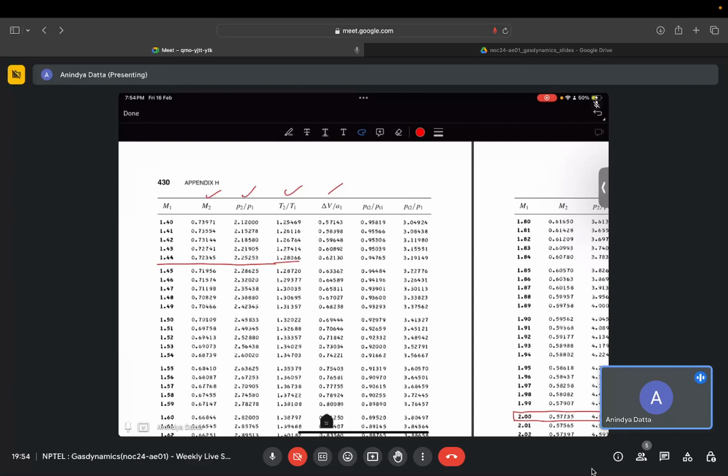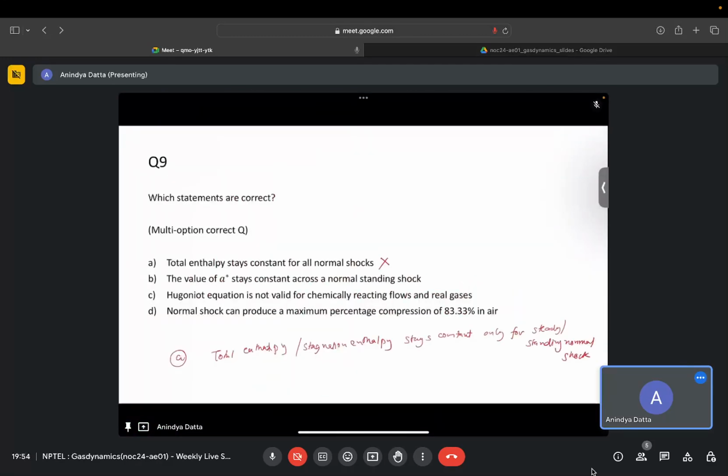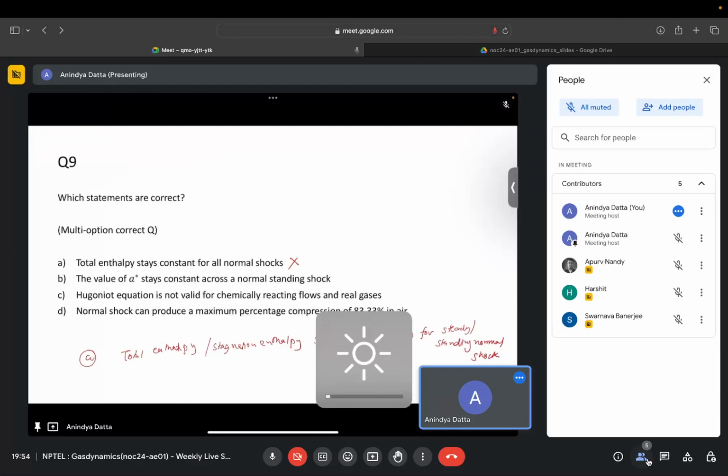But you cannot use the ratios of stagnation temperatures and stagnation pressure to static pressure. So these last two columns are not valid for moving shocks, since they involve stagnation properties. We have to be careful about that. So the first statement is false, which means that total enthalpy will stay constant only in the case of standing normal shocks.